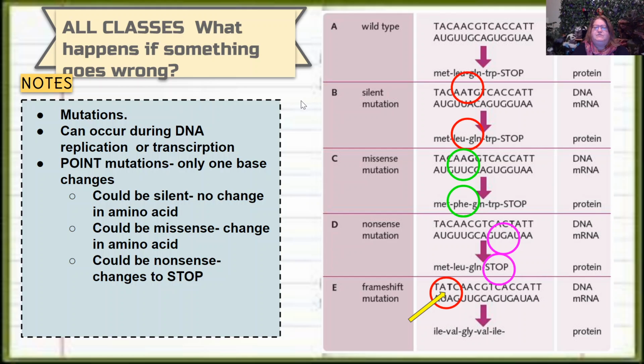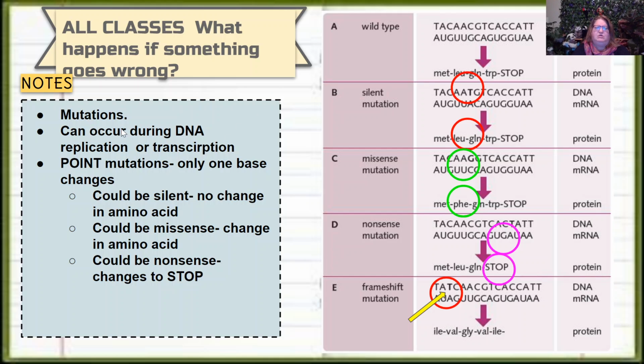Now, most of them can happen in areas that aren't coding for anything, in which case we don't really notice these mutations. Other mutations do occur in coding sequences like proteins. Sometimes these are silent mutations, meaning that they don't have any change. So let's talk about why that is.